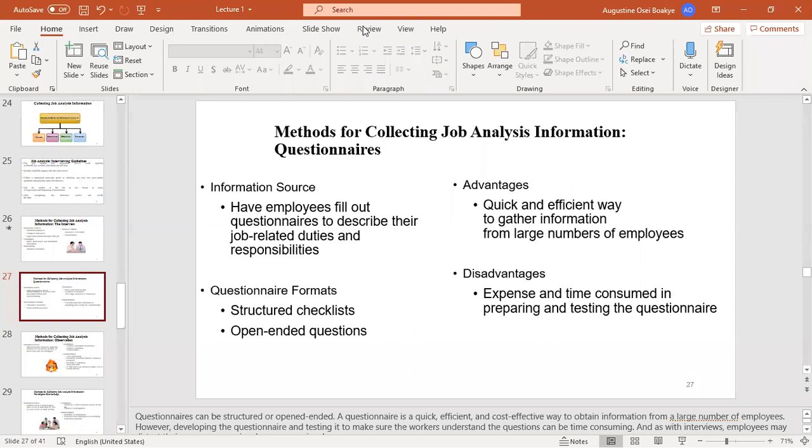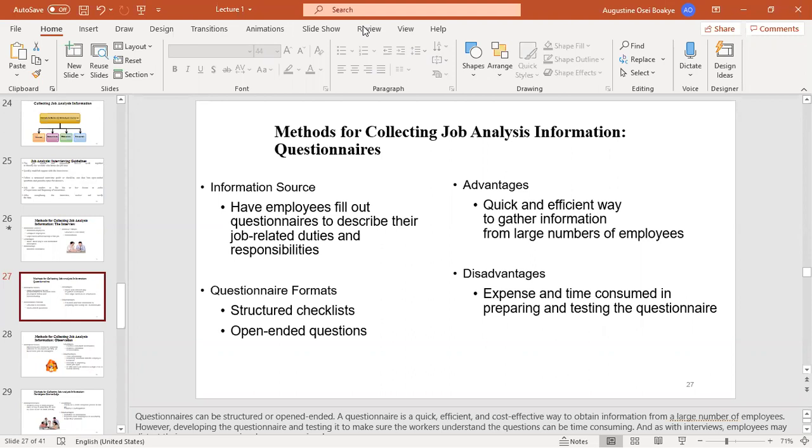When we say it can be time consuming, it means that when you deliver the questionnaires to the respondents or the employees, they will take forever to respond to you. In some circumstances, you even have to be calling them back to remind them to check their email or their WhatsApp messages to kindly respond to your questionnaires.